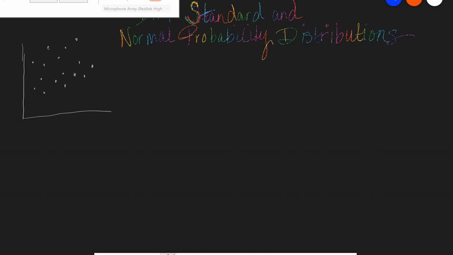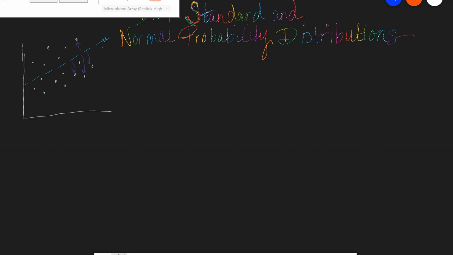And if I'm looking for the mean in all of these points, I guess it would probably be out here. We'll label this mu, population mean. What the standard deviation is really telling us is how far away from mu we expect these observations to be.